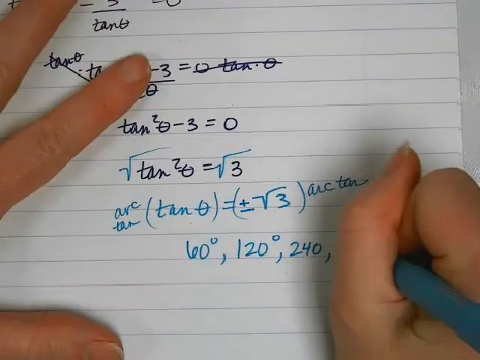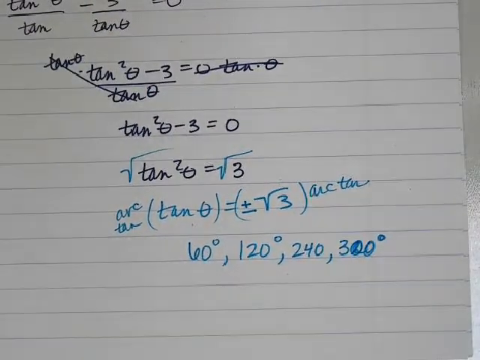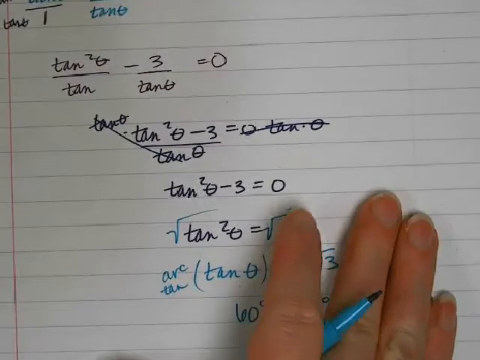I can't subtract. It's all the 60-degree angles, because tangent is square root 3 at 60. That one wasn't that bad.